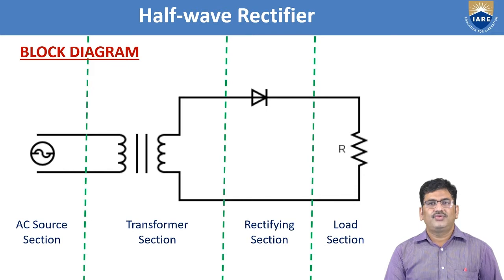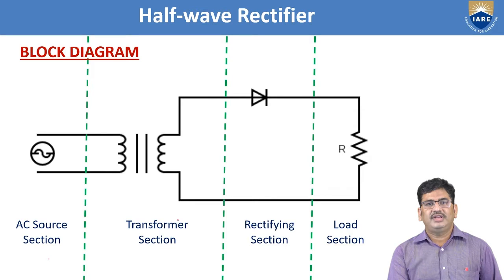It consists of various stages. Initially, the input is an AC source which we give to the primary winding of the transformer. The transformer is used to lower the input voltage. Usually for DC sources, for rectification, we take 3 volts, 9 volts, 12 volts like this.